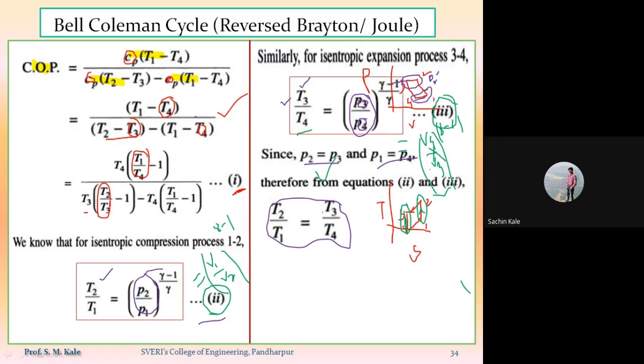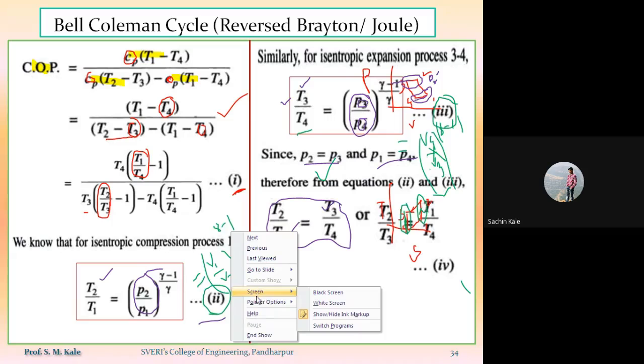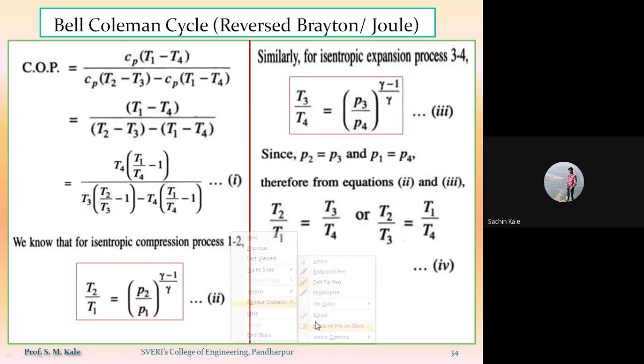Now if I am going to make the modification, taking this T1 term towards this direction and this T3 term towards this direction, the same equation I can write as T2 by T3 is equal to T1 by T4.